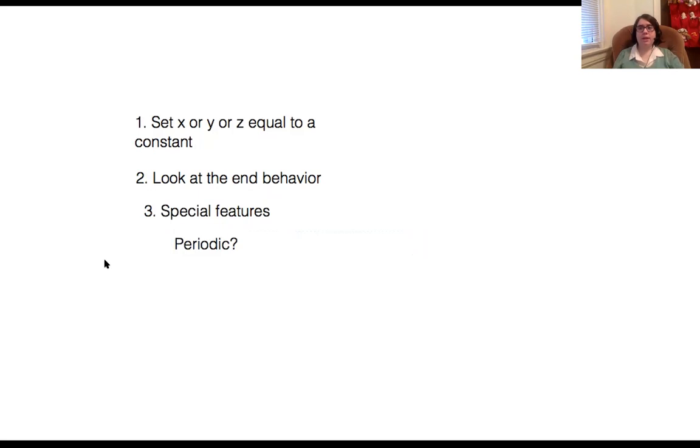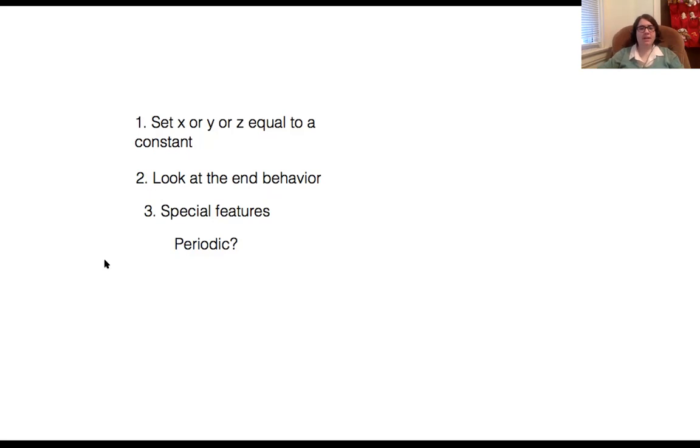And is it periodic in x or in y or in both, or maybe is it periodic in something else? Could be periodic in some equation between x and y. It could be periodic in the line x equals 2y plus 4. I don't know. But that'll show up in my graph depending on, do I see it repeating across the x-axis or do I see it repeating on sort of an angle?